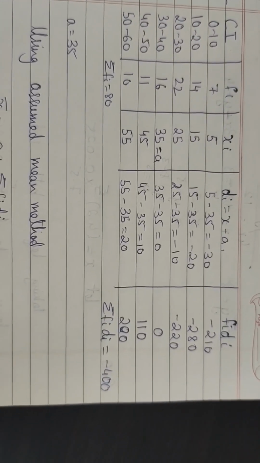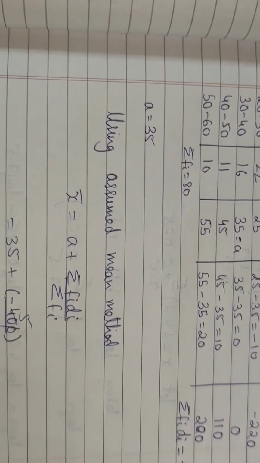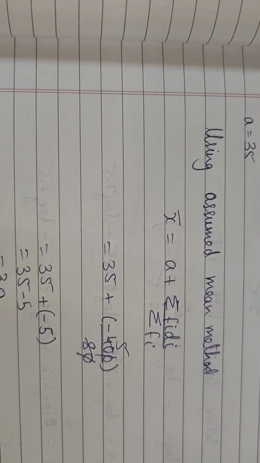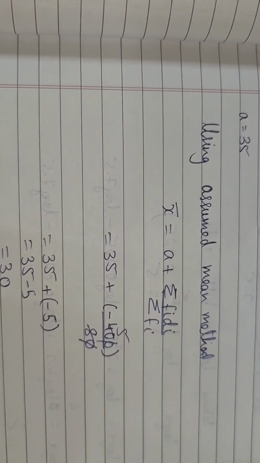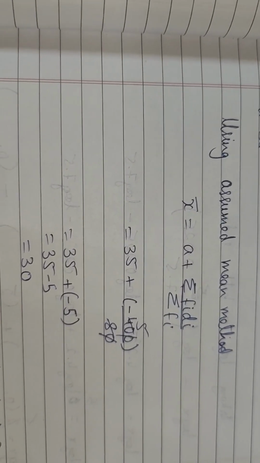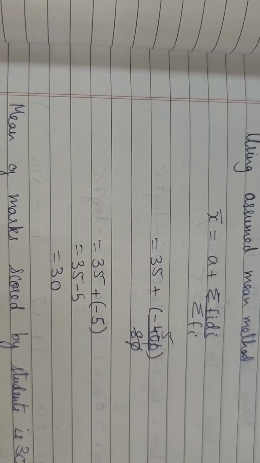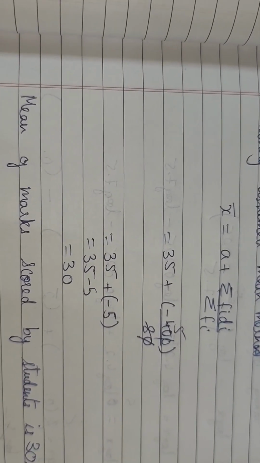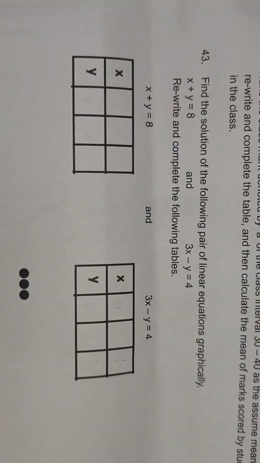Then the summation of fi di will be minus 400. So the assumed mean method formula is x bar is equal to a plus summation fi di upon summation fi. After substituting, I will get the value of mean 30. The mean of marks scored by the students is 30.